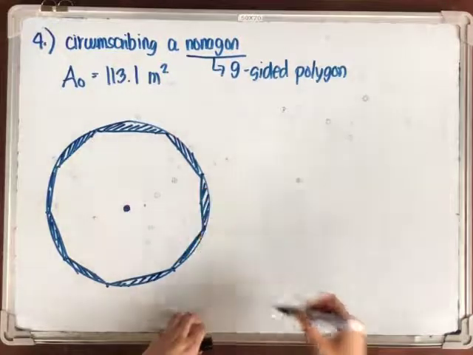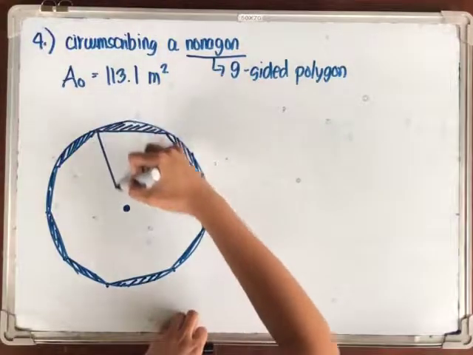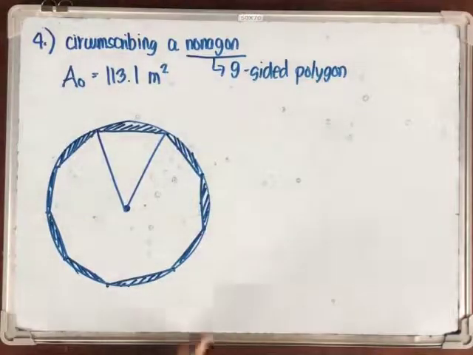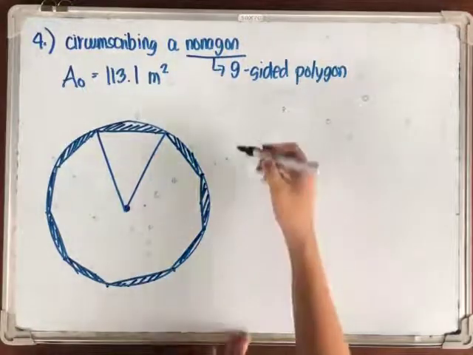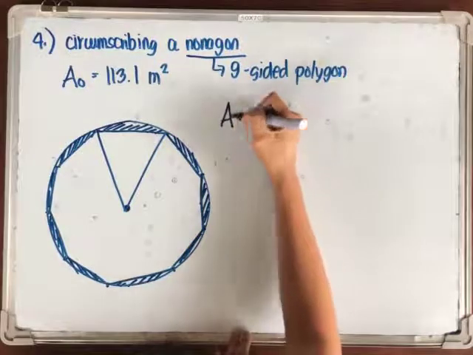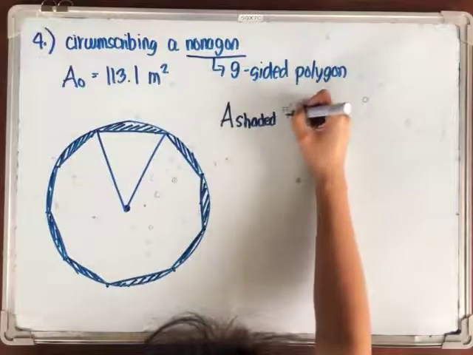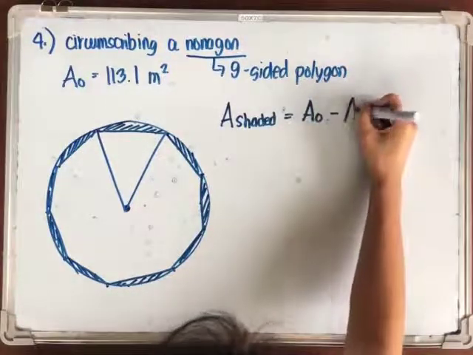Since this is a nonagon, the first thing that you may consider getting is maybe the central angle. Kasi 'di ba, if you can recall from problem 3, kailangan mong makuha yung angle or sides of maybe this nonagon for you to get the area. Kasi we can say naman na yung area shaded, the area unknown, equal yan sa area ng circle minus area ng nonagon, 'di ba?